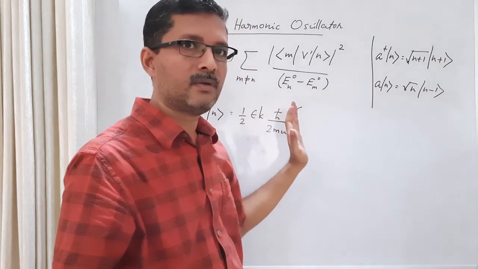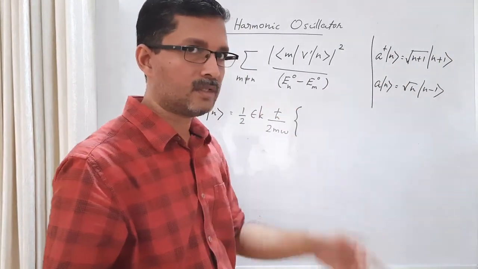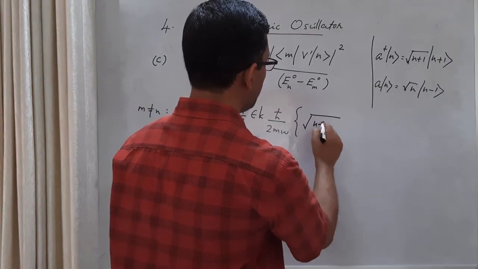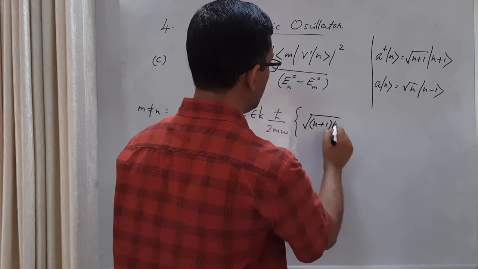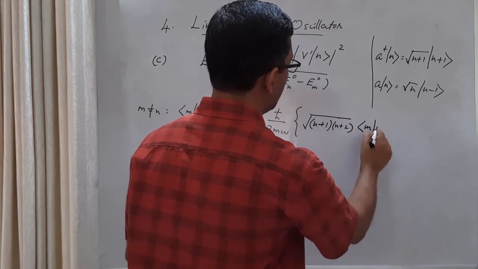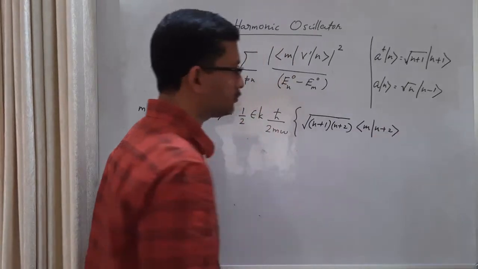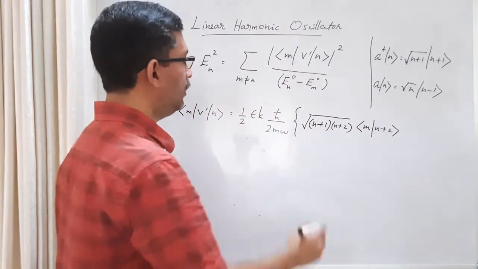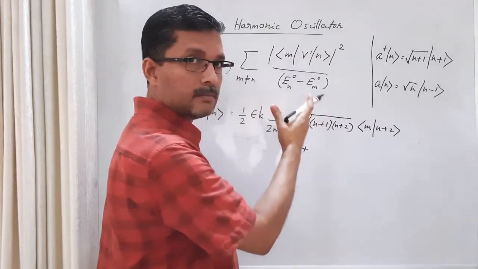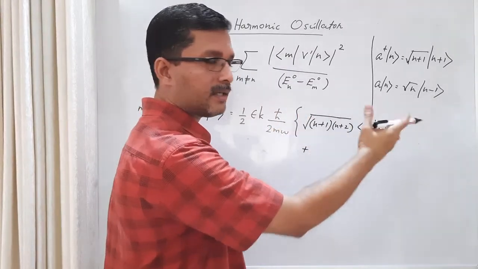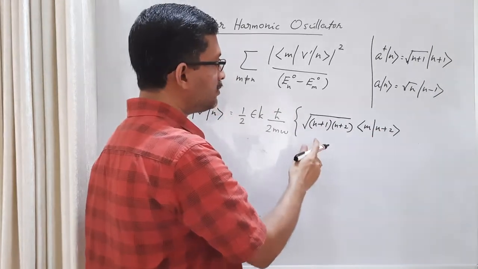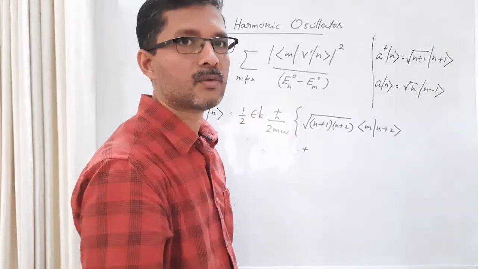On the bra side, you have bra vector m. So what you get here is root of (n plus 1)(n plus 2) times <m|n plus 2>. This is the result of the first term, bra m, a dagger square, ket n. The second term is 0, I told you. Then the third term is bra vector m, a square, ket n.